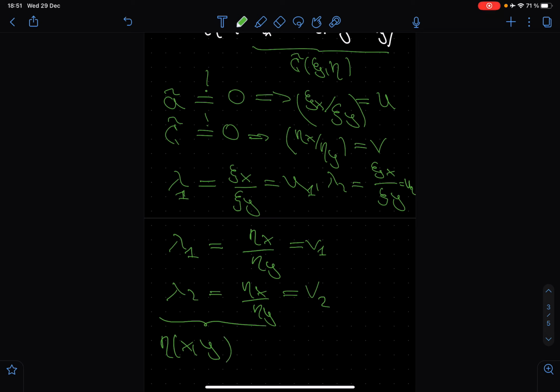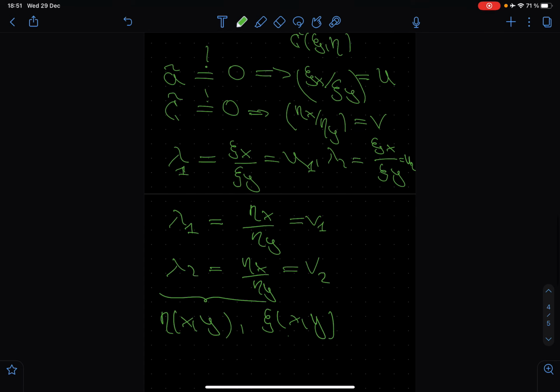The same counts for psi of x, y, and as you have two coordinates and two different values, that will be the key. For example, you take the first value and solve the first partial differential equation in order to get psi xy, and the second value to solve the partial differential equation in order to get eta xy.